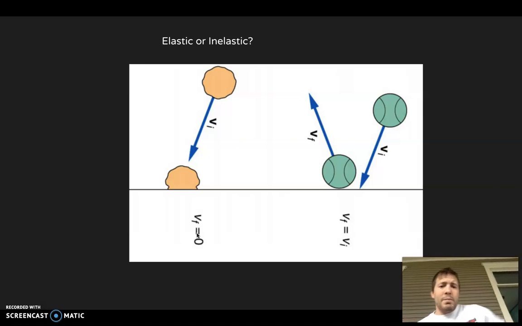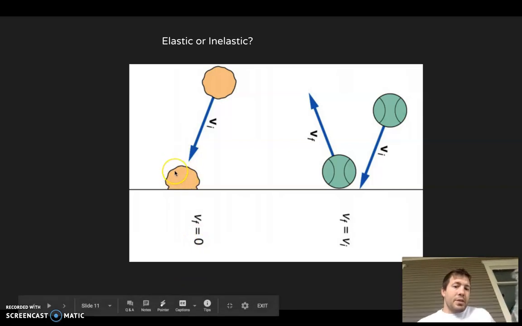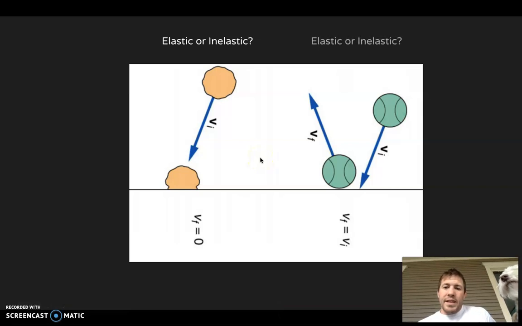The momentum is, and I shouldn't say it's not conserved, but what we have here is an inelastic collision. And the reason why it's inelastic is because the objects are actually stuck together, and it's caused a deformation of this object.